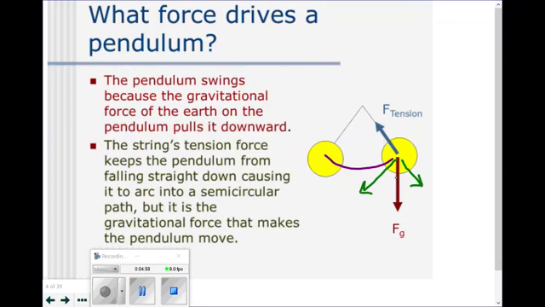Please notice that as the pendulum swings, the angle that the gravity force makes with the arc is going to change, which means these two component forces are always changing their magnitudes as they pull on the pendulum bob. The bob being the little mass at the very bottom.